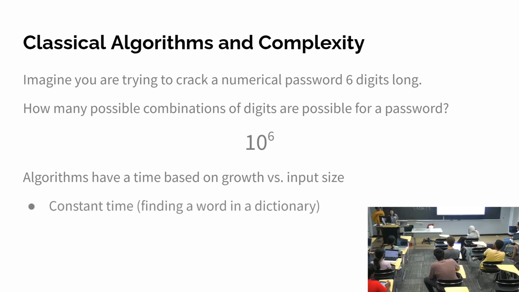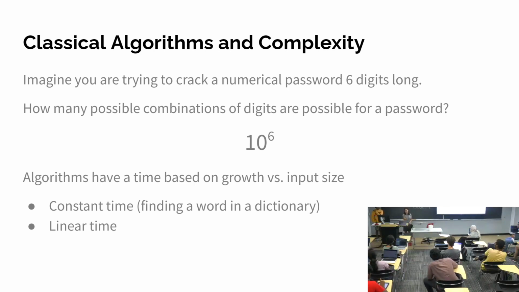With that, here's another example, finding a word in a dictionary. You're checking each word one at a time. If you have no other information, it takes you one glance to say, is that the word? Yes or no? Keep going. You have linear time, which is essentially like adding 2 numbers. Adding 2 numbers is linear time because if you have 300 plus 400, you add the digits right to left usually, and that's kind of similar to how a computer does it as well.